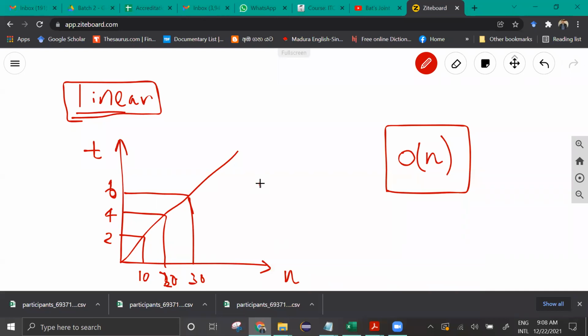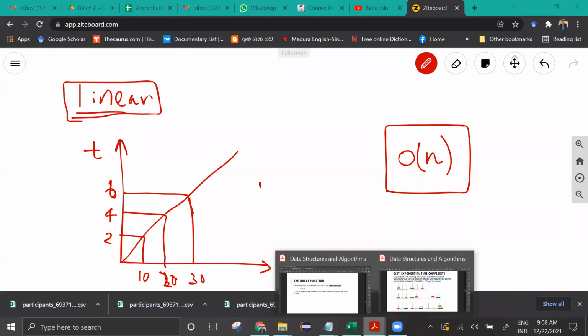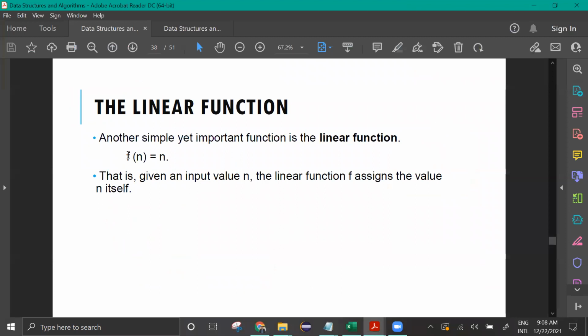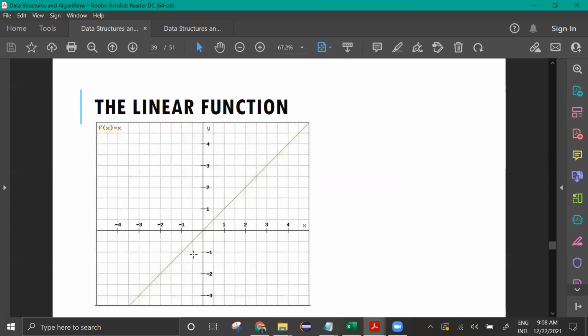So the function is f(n) equals n. That is, given an input value n, the linear function f assigns the value n itself. It is something like this.